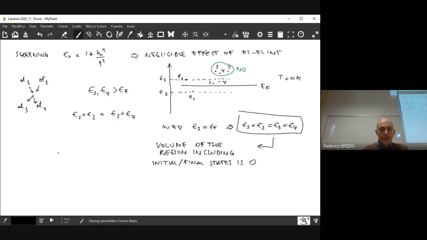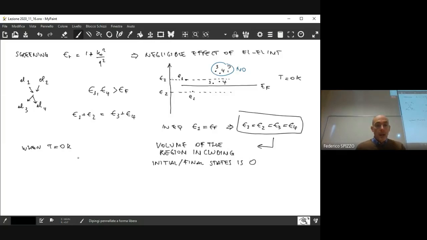So when T is equal to 0 Kelvin, I expect that the electron-electron interaction has no effect because, sorry, one step back. We observe the interaction, but the volume corresponding to that interaction in the reciprocal space is 0. So any integral you make to find the actual value of that contribution is expected to have a value that is 0.